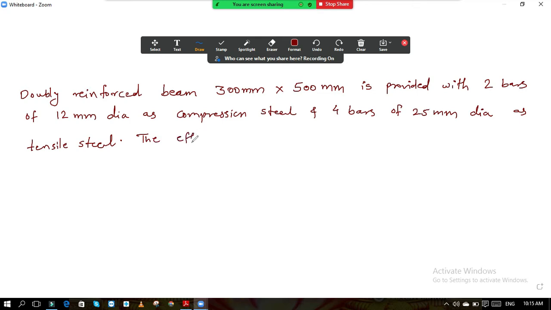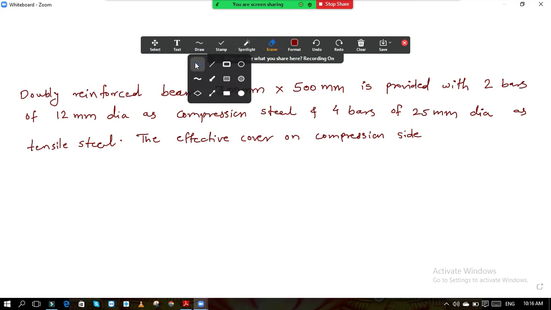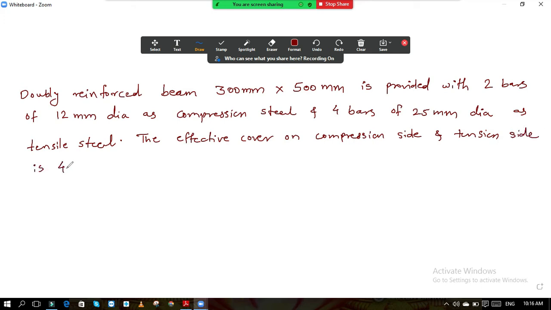The effective cover on compression side and tension side is 40 mm.